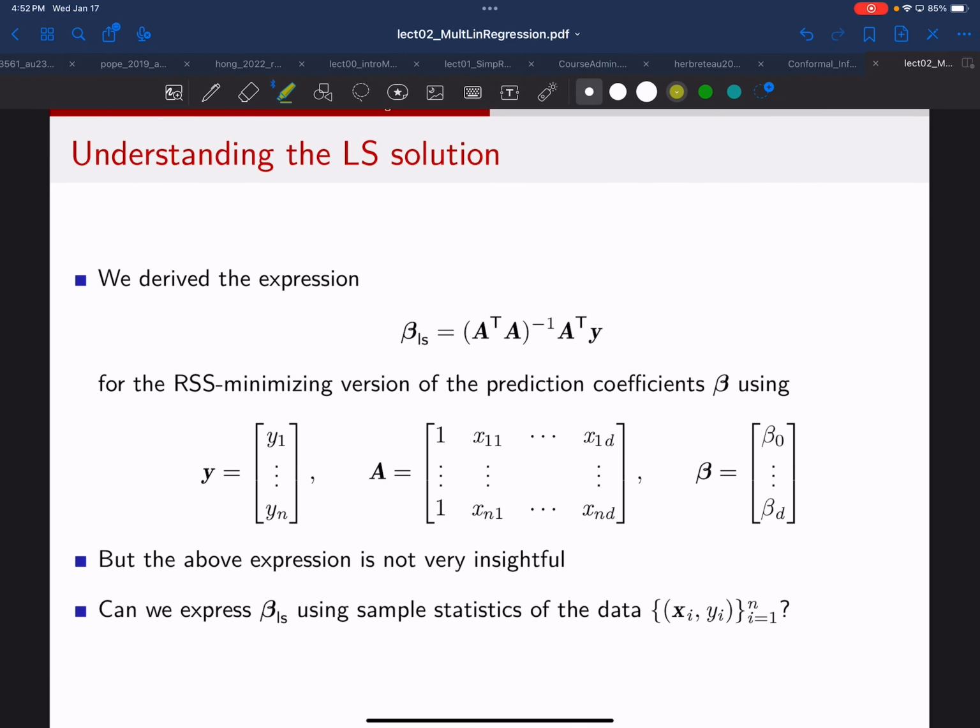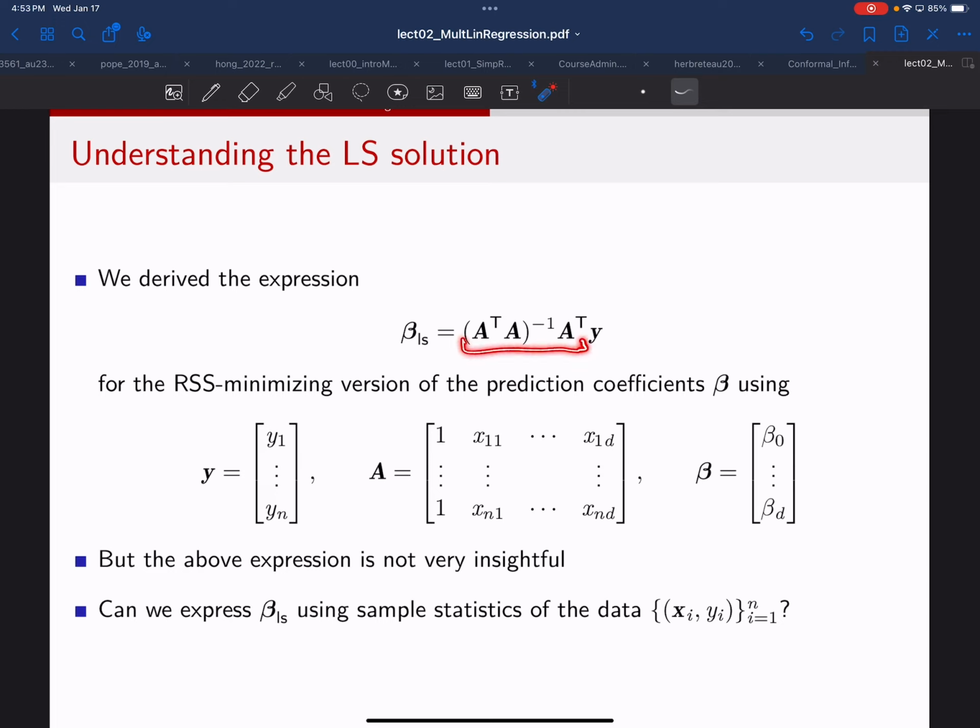But coming back to our least squares solution that we just derived, you might say it's a little bit complicated. It's not exactly clear how to interpret it. What makes it difficult is that you started with this matrix of features, the feature data, but then we added this column of ones. So now we have something more complicated.